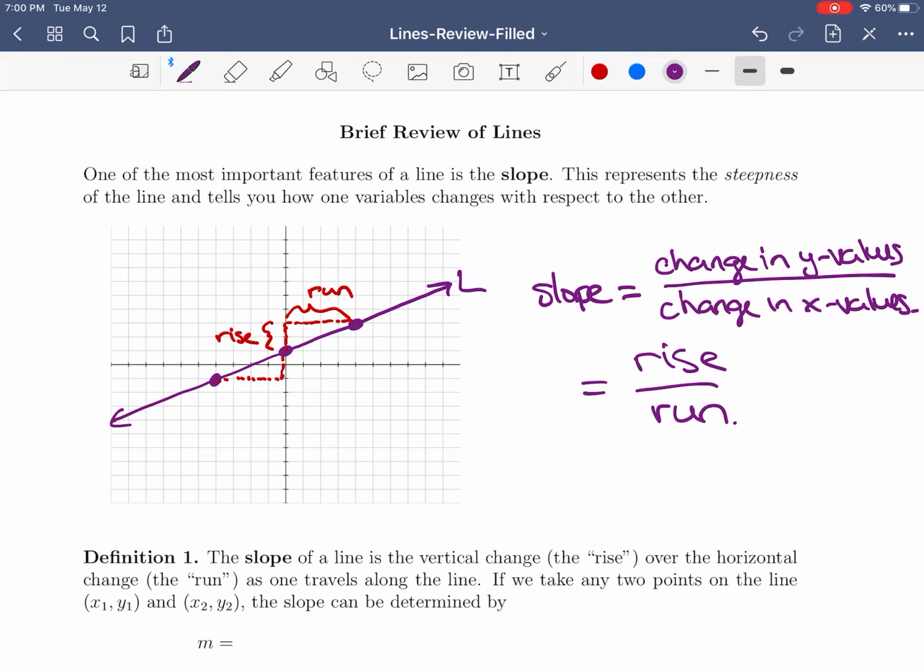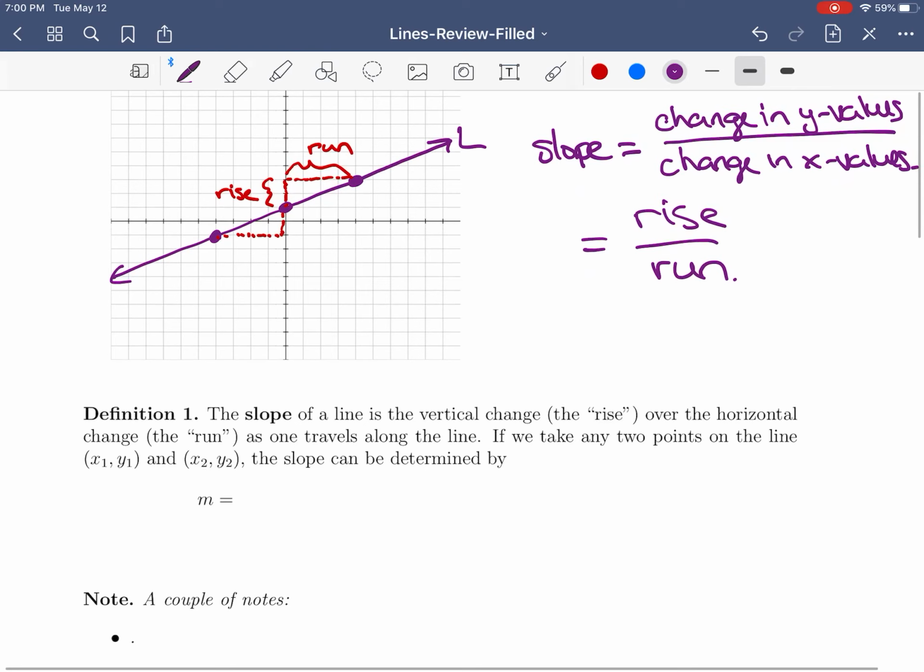Another way you often say that is the rise divided by the run. Notice that I used 2 points on here, and I just went from one to the other. It doesn't matter what 2 points you use, the ratio will be the same no matter what. So the slope is not dependent on what choice of points you use.